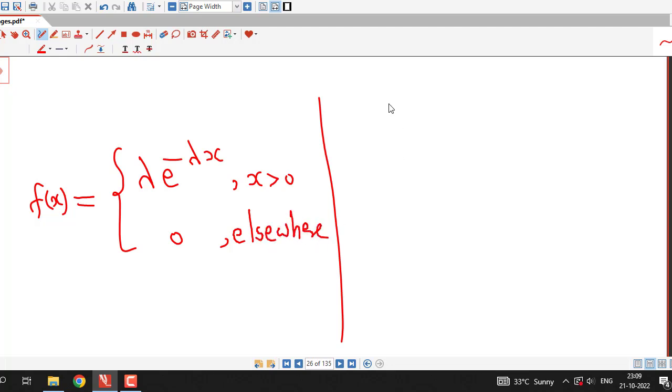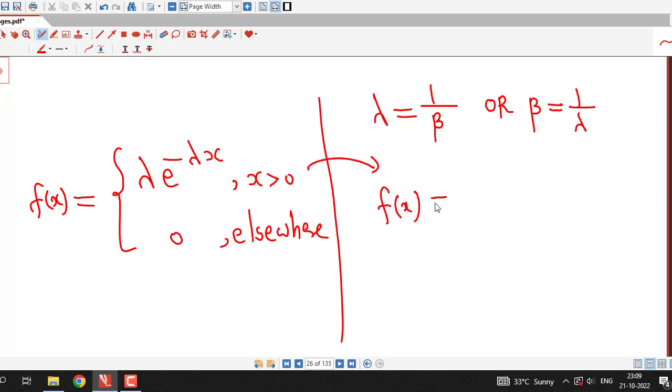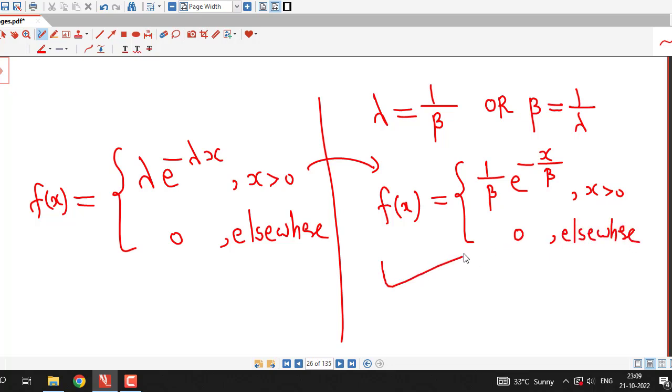And if we consider the parameter beta, which is defined in this way, lambda equal to 1 over beta or beta equal to 1 over lambda, then this PDF can be rewritten as 1 over beta e raised to minus x over beta if x is positive and 0 elsewhere, and both are equivalent.